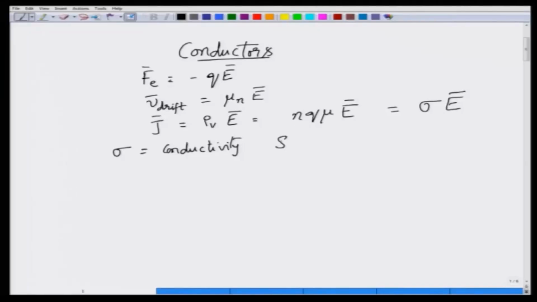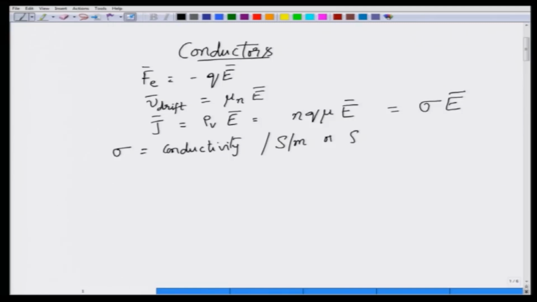So, conductivity is measured in Siemens, but it is sometimes also measured in Siemens per meter when you are considering the appropriate quantities over here. Or Siemens, let us just say, and S stands for Siemens.